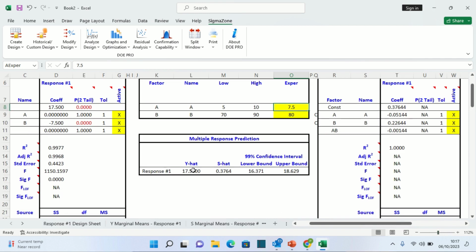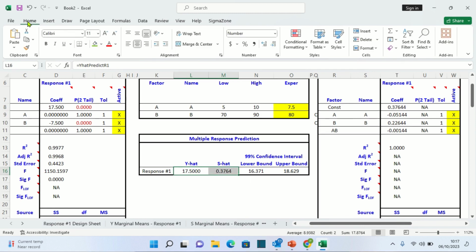And then you can see down here, we have the two results in the green fields. 17.5 is the average, and 0.37 would be the standard deviation if you use the two values in the yellow fields there. That is how the software is working.